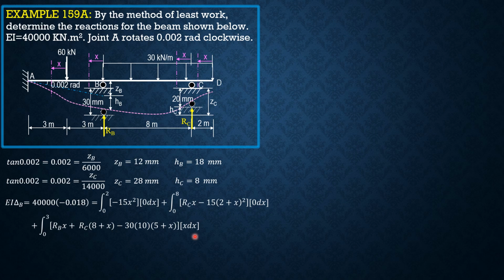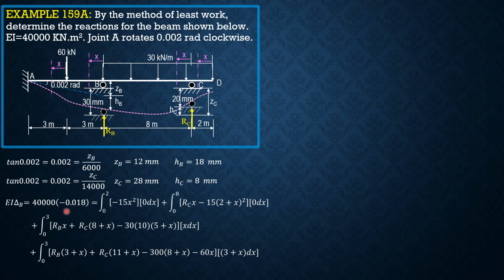Then EI is constant, so there's no need to divide. Finally, plus integral of R sub B times (3 plus x), 0 to 3, plus R sub C times (11 plus x) minus 30 times 10 times (8 plus x) minus 60 times x. That's the moment equation. Then the derivative of this moment equation with respect to R sub B is (3 plus x) dx.